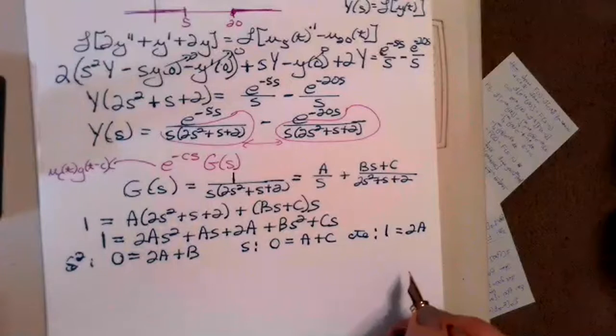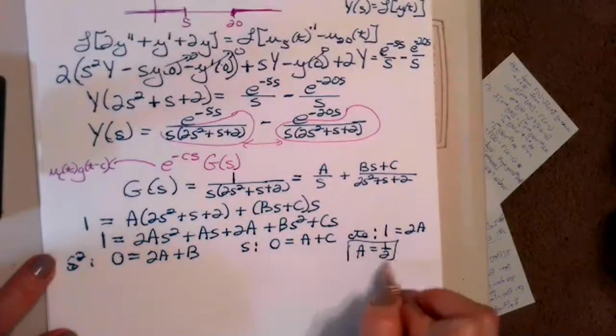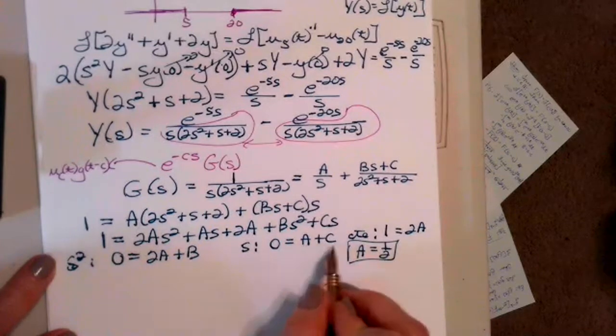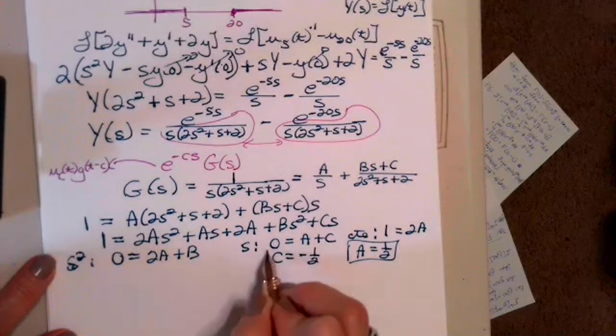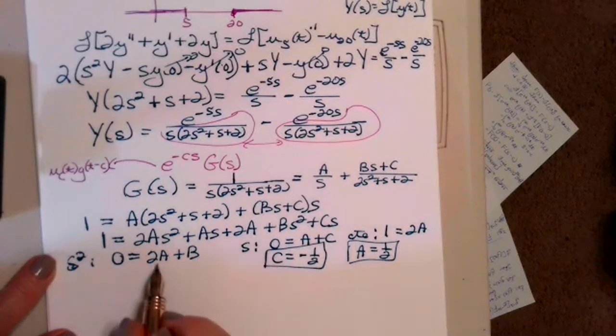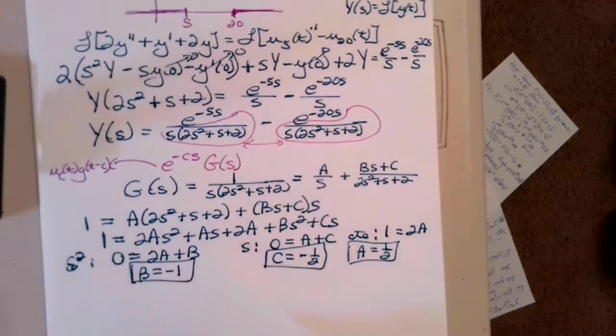Okay. So that says A is a half. This says A is equal to minus C, so C is minus a half. And 2A plus B equals 0. Well, 2A is 1, so this says B is equal to minus 1. Okay.